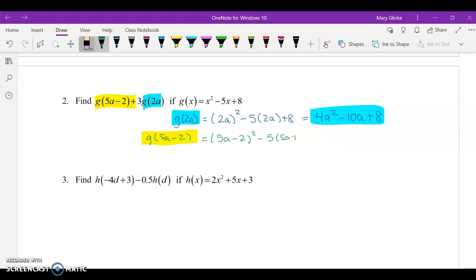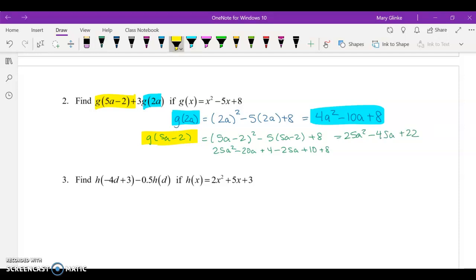And then we are going to simplify from there. So this would be 25a squared minus 20a plus 4 minus 25a plus 10 plus 8, which when you combine like terms gives you 25a squared minus 45a plus 22.